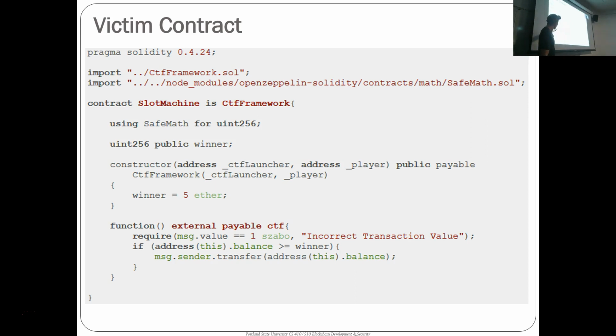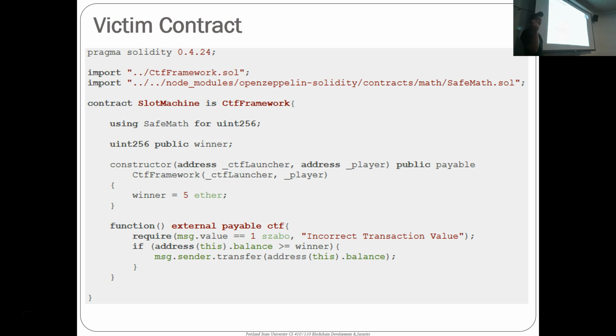And if you are able to contribute a zabo, and that zabo gets the balance of this smart contract to be bigger than 5 ether, then you get the whole thing. That's it. That's the whole smart contract. Okay? And it starts out with like 3.5 ether. So you need 1.5 ether to be added using this fallback function in order to actually get the jackpot.